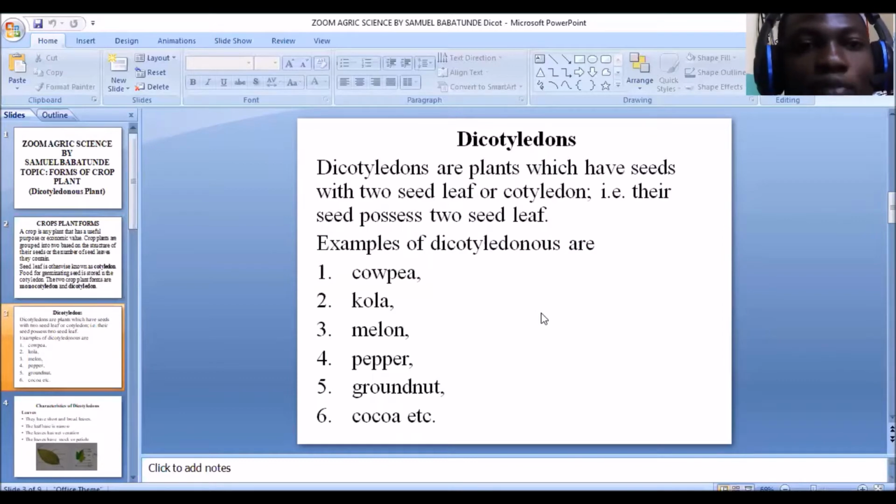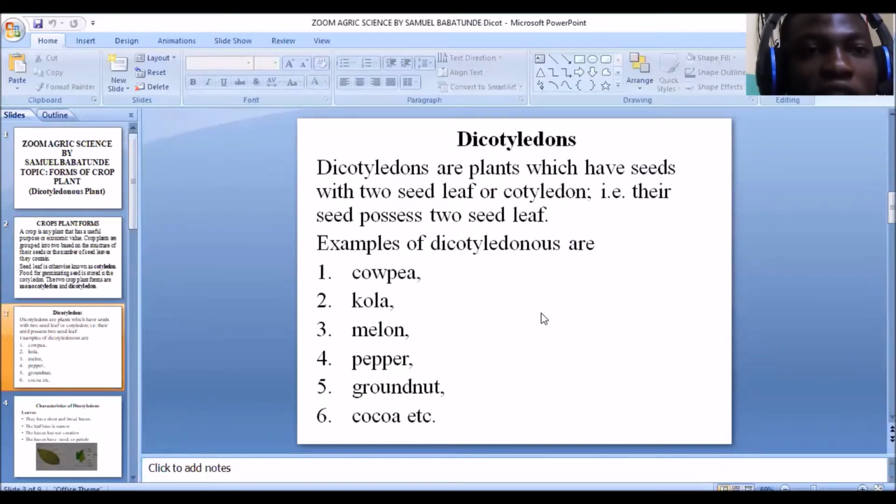Now, what are the examples of dicotyledonous plants? We have various, numerous examples of dicotyledonous plants, even in our surroundings. You don't need to go to the farm to find these plants because they are everywhere. And I just list out some examples here. Number one is your cowpea. You have the cola, you have the melon, which you know as egusi, you have pepper, you have groundnut, you have cocoa, you have watermelon, you have your mangoes, your oranges.